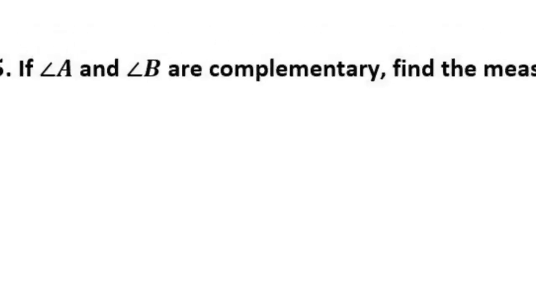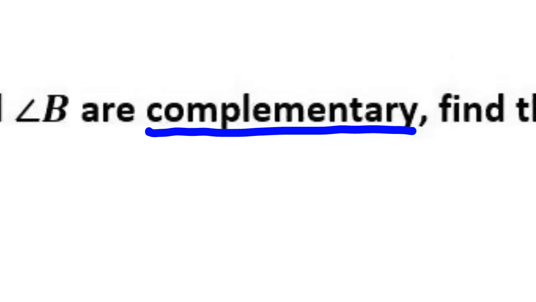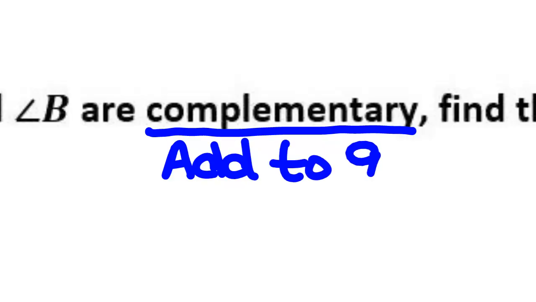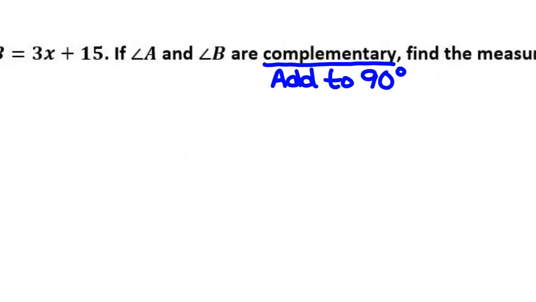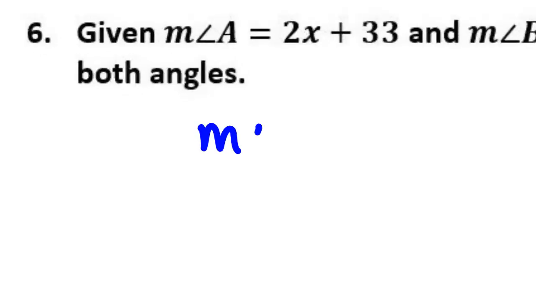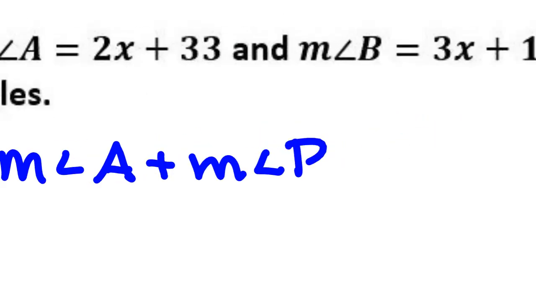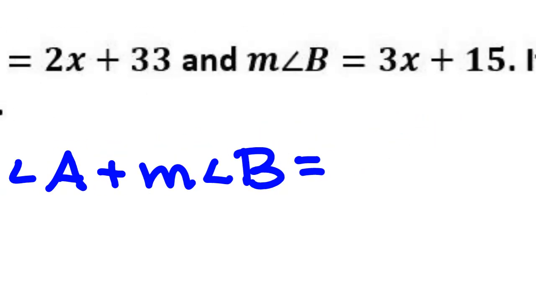Complementary means they add to what? Add to 90. So we would have the measure of angle A plus the measure of angle B is equal to 90 degrees.